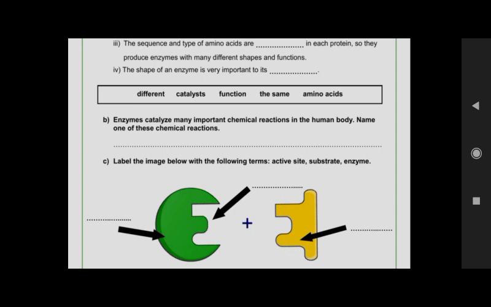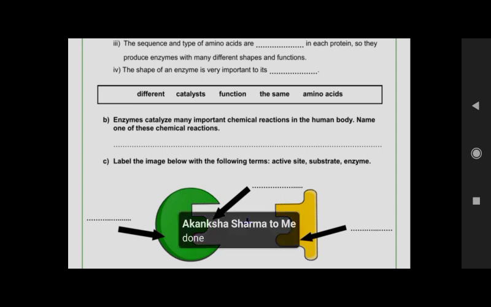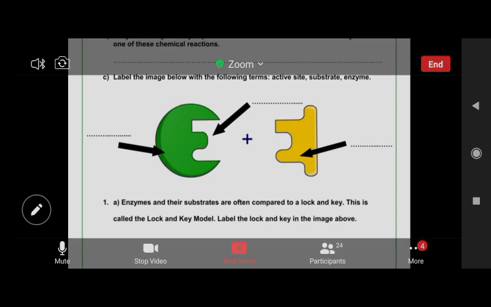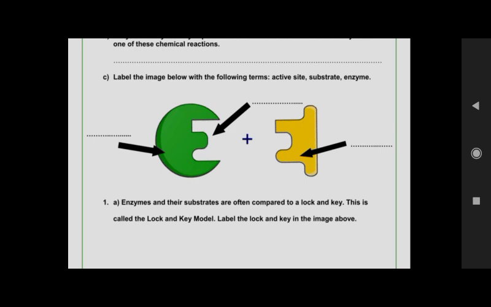Name one of these chemical reactions, any chemical reaction. And finally, take the screenshot of question C.